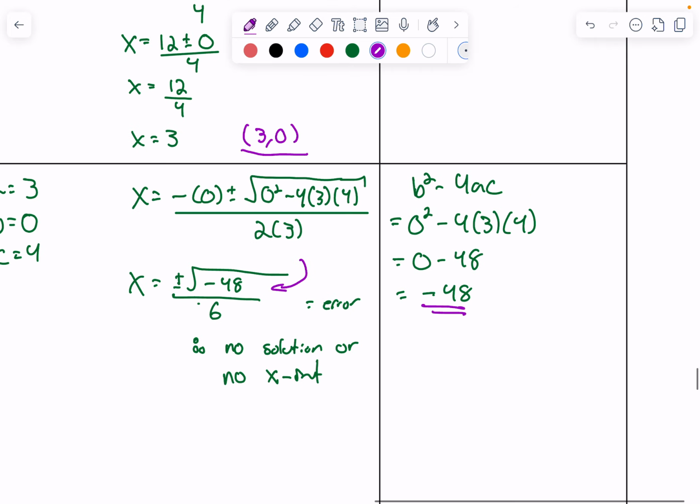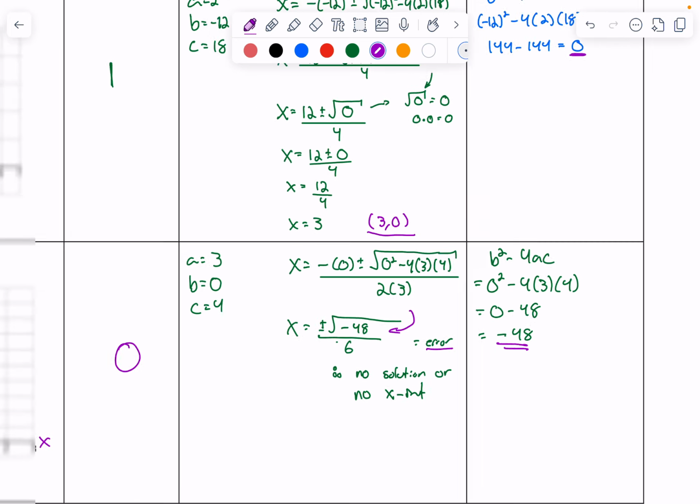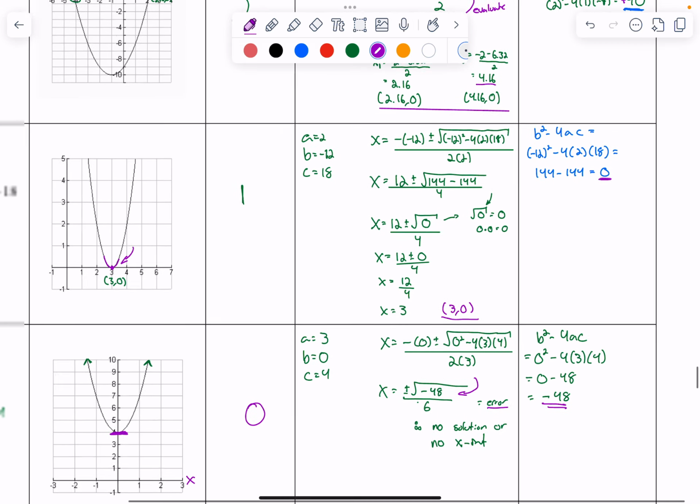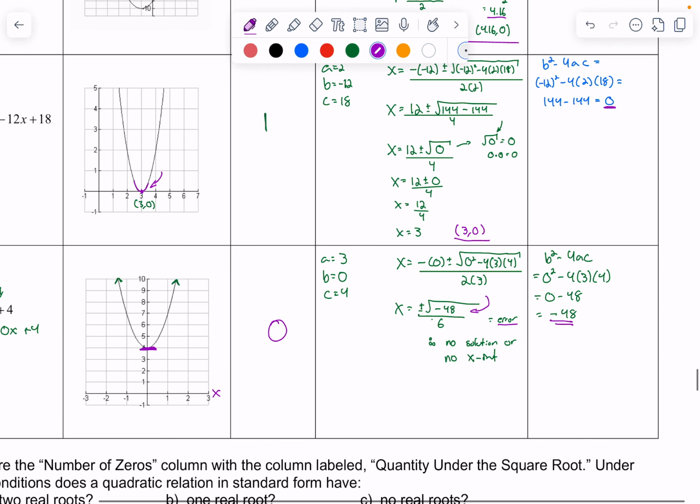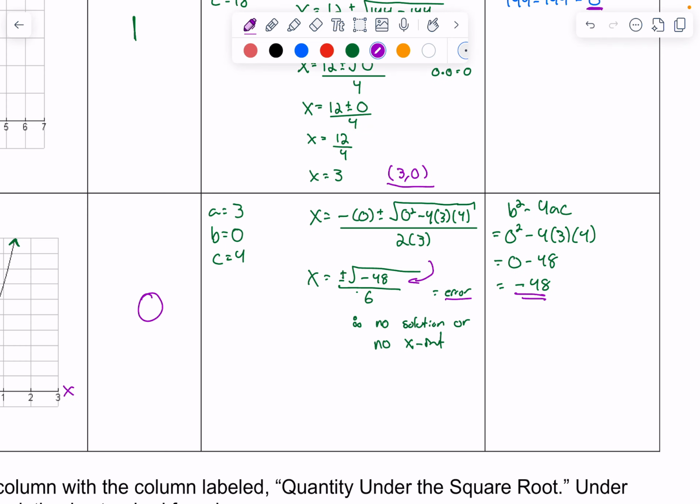Again, notice what happened. You had an error. So we had 3 different scenarios. Where the discriminant was positive in the first one, you had 2 zeros. The discriminant was 0 in our second example, we got 1 solution. And in the last one, because you can't take the square root of a negative, and that's what the discriminant being negative means, you're not going to be able to evaluate, so you'll have 0 solutions.